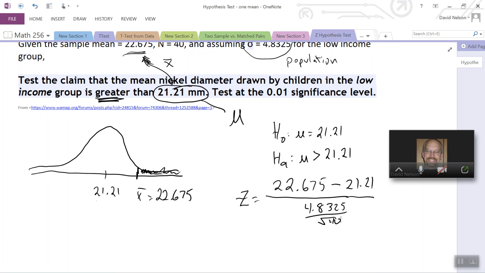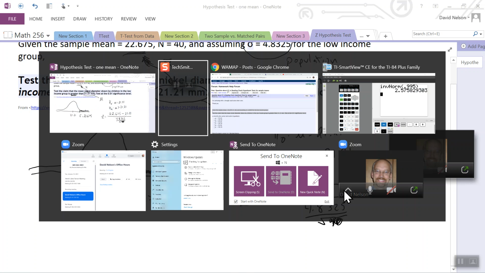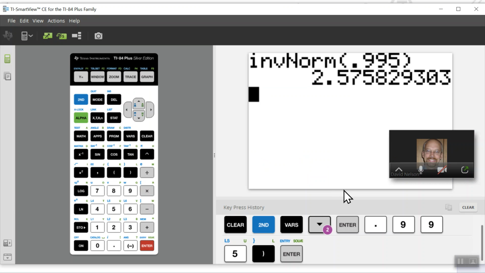If we calculate that real quick, that's a 40 down there. It doesn't look like a 40 so much, but that is a 40. Let me hop over to my calculator here.